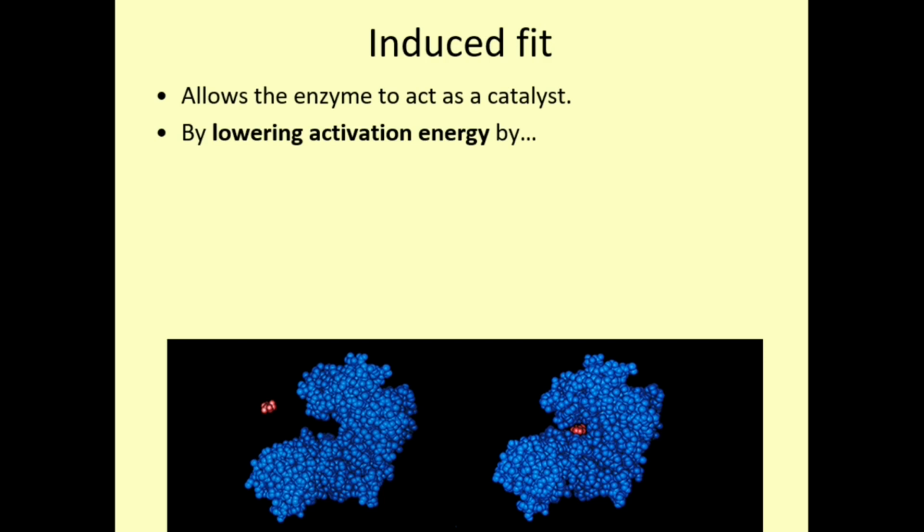And it does it through 4 different modes of action. So the first thing that induced fit does is it provides a template for the substrate. And what I mean by this is that the active site is just the right shape and size to only allow the substrate in a very, very specific order or in a very specific direction.